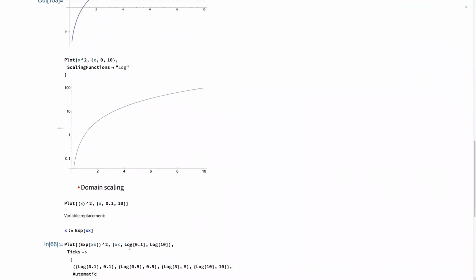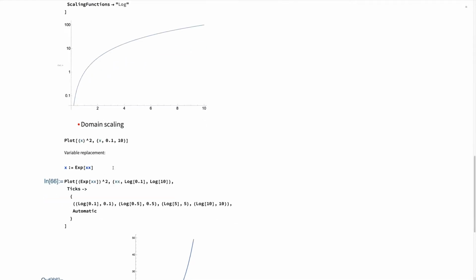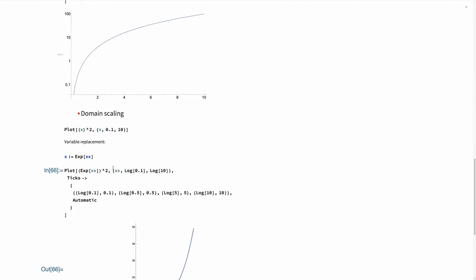So on the y-axis, what if we want to scale the domain? Meaning, what if I want the x direction to be in log scale? We will need to do some variable replacement trick. First of all, we have to scale the domain, which is 0.1 to 10. We'll scale to log 0.1 and log 10.